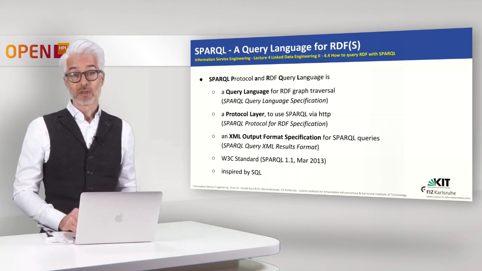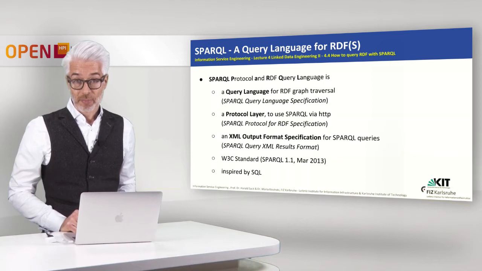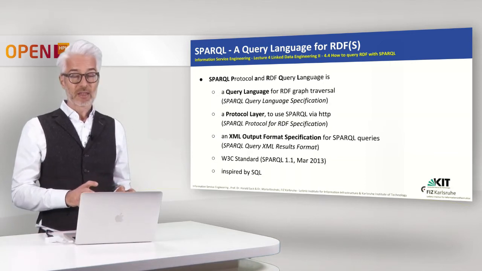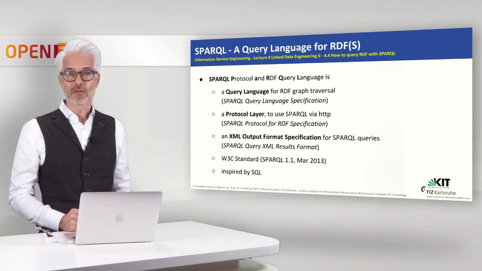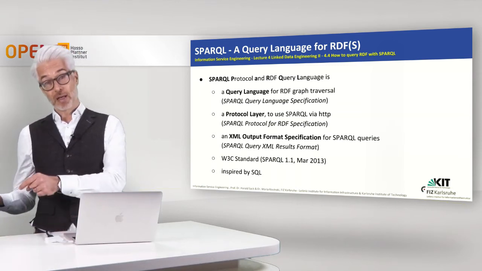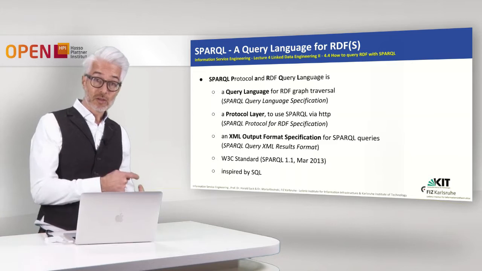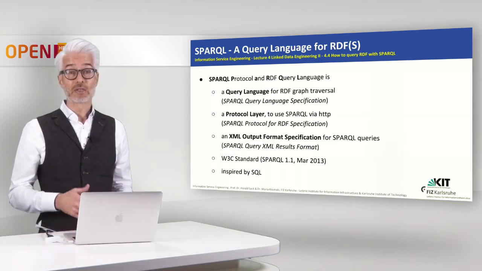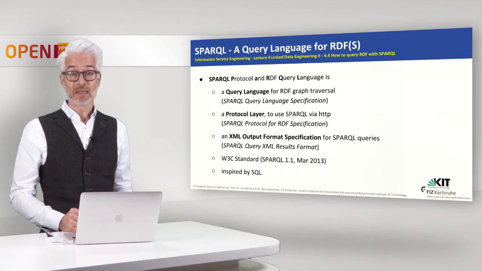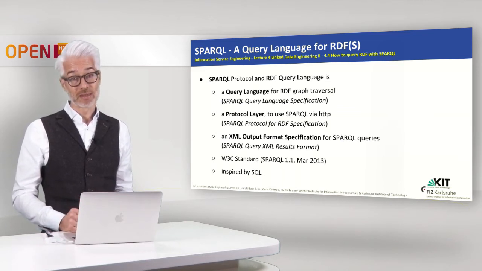Then, as I already told you, there is a protocol layer, and this protocol layer defines how we can make use of SPARQL via the HTTP protocol. And of course, the SPARQL server then in the end also returns an answer, and SPARQL also defines the way how this output format is specified, is represented, and is encoded.